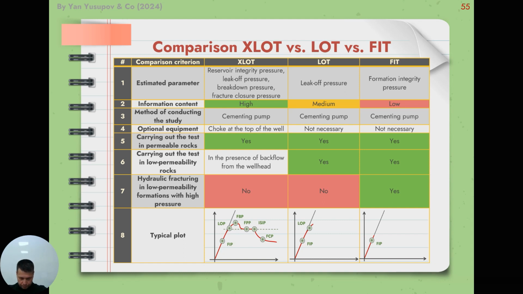Let's note that the most interesting in terms of calibration of a geomechanical model is the XLOT test, because it defines the fracture closure pressure that by definition equals S3. The other tests define formation integrity pressure and leak-off pressure, which can also be used for calibration of a geomechanical model, but not precisely, not absolutely.